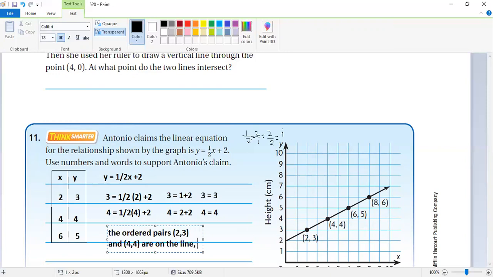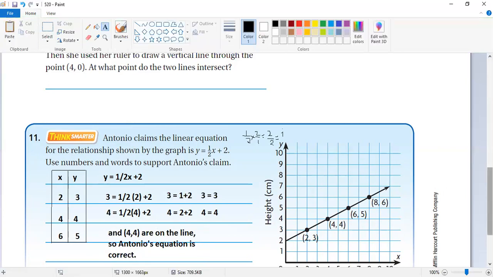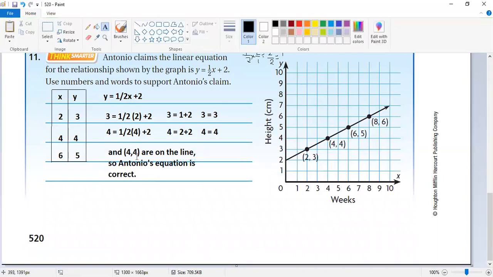So Antonio's equation is correct. You just have to use your words. These are my words. You can choose your own words, you don't necessarily have to copy what I'm doing.